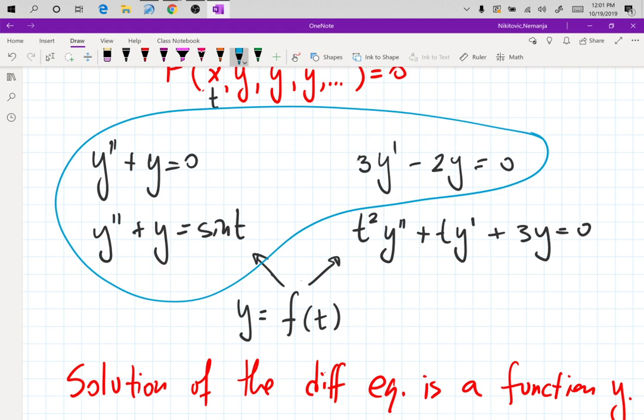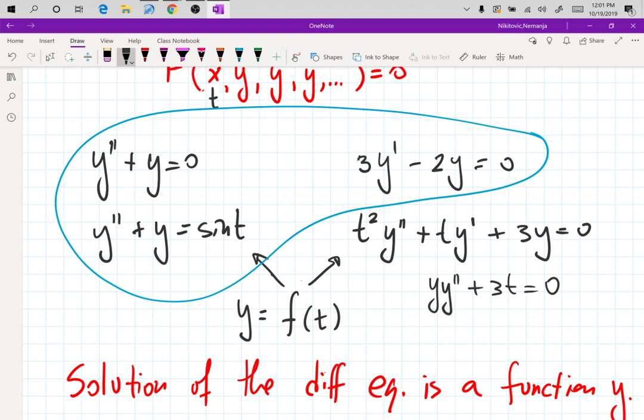You can have, let's say, another nonlinear equation, if you want nonlinear equations, here, well, let's write more. y times y double prime plus 3t equals 0. That's a nonlinear equation because it's y times y double prime. So we have a function times the derivative, nonlinear.